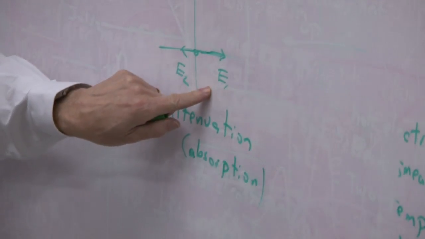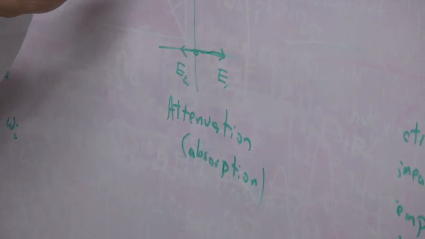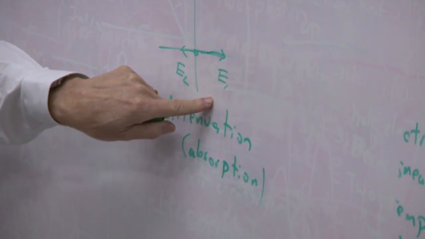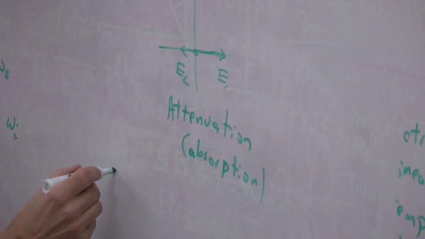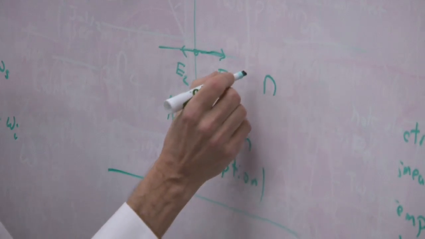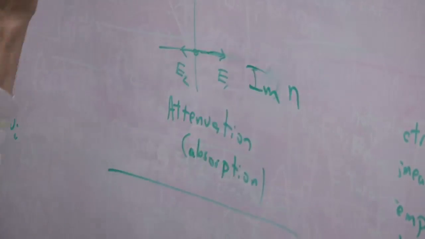So here is how you can understand it in terms of a very physical picture. These atoms emit a field that interferes destructively with the incident field. So this would be the imaginary part of the refractive index.